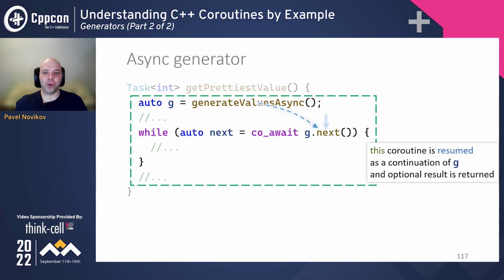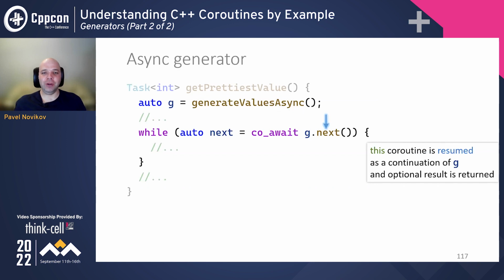I really hope this makes at least a little bit of sense, because this is really hard stuff to grasp. So the control eventually gets back here, the coroutine is resumed, and we get the resulting optional to be stored in the next variable.